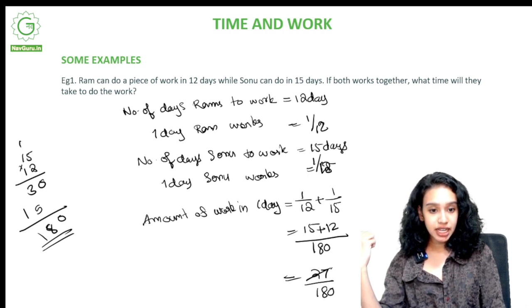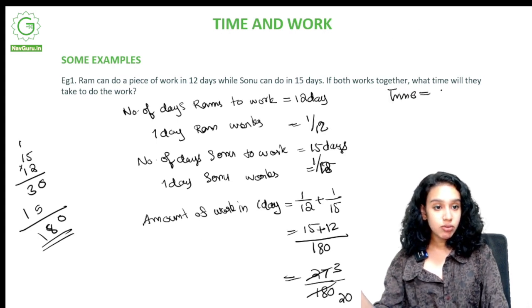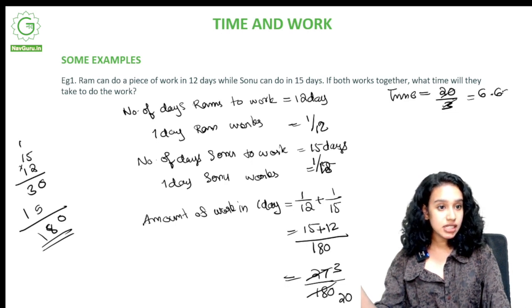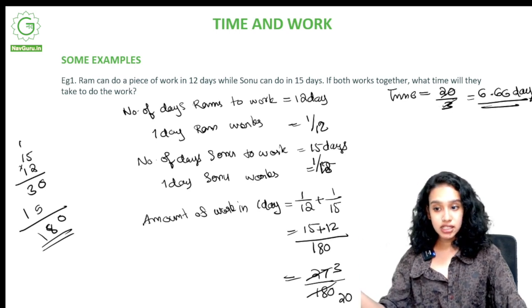We'll cut this by 9, we get 3 by 20, right? So, the time taken by them to work together is the inverse of this, which is 20 by 3, right? Which is equal to 6.66 days. So, the amount of days they'll take together to complete this work is 6.66 days, right?